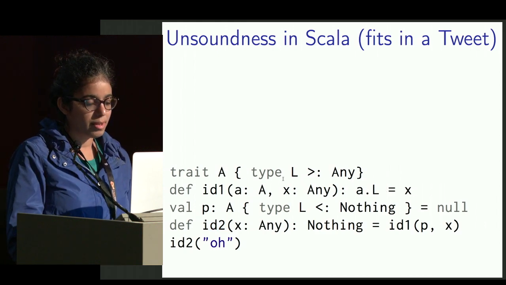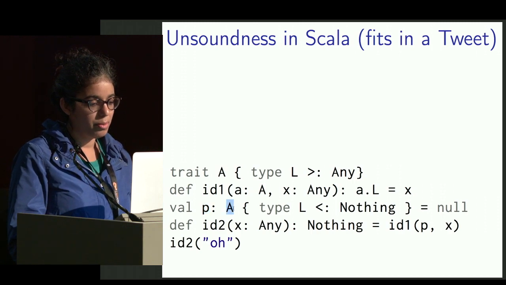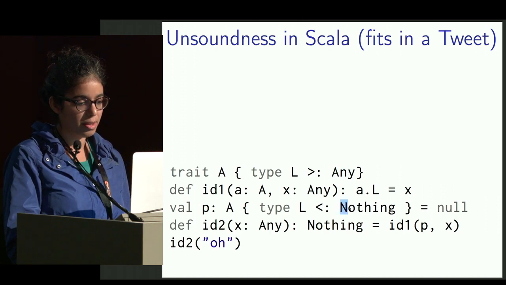Well, the way this is working is that, in some sense, we're doing it in a few steps to fool the type checker. This value P has a type A where the member L has bad bounds. The lower bound is any, and the upper bound is nothing.